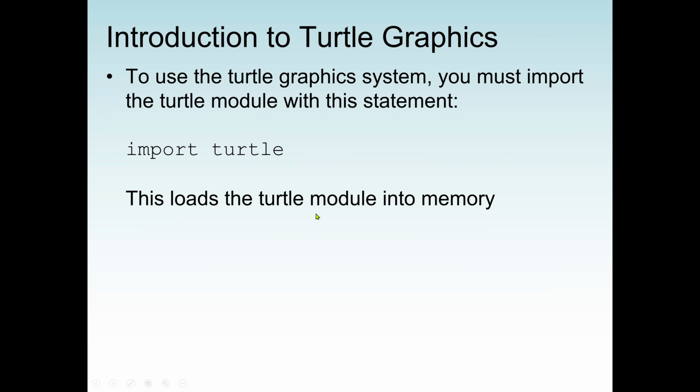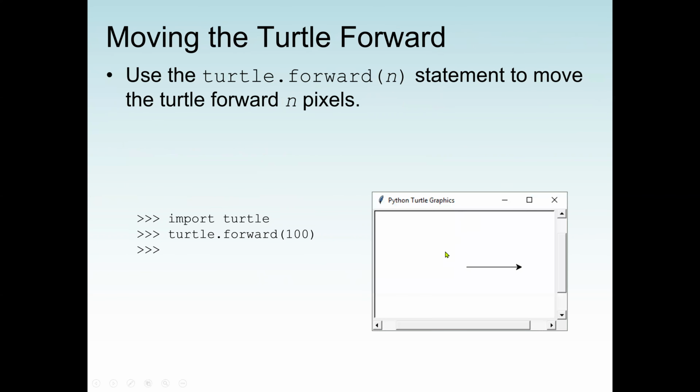This will load the turtle module into our memory. Then from there, we can start to write our statements. The first example is turtle.forward(n), where n is the distance, the number of pixels, used to move the turtle forward. So more or less a distance.